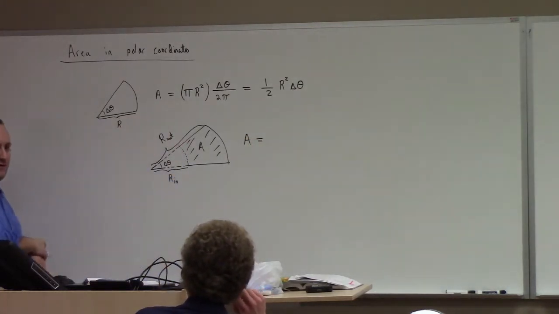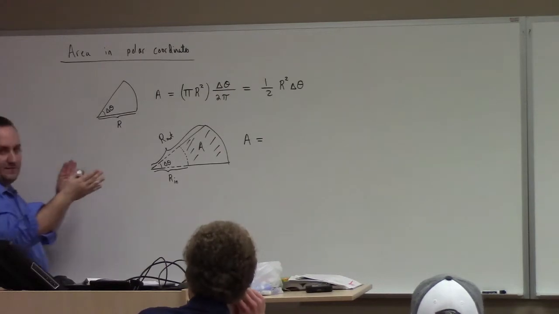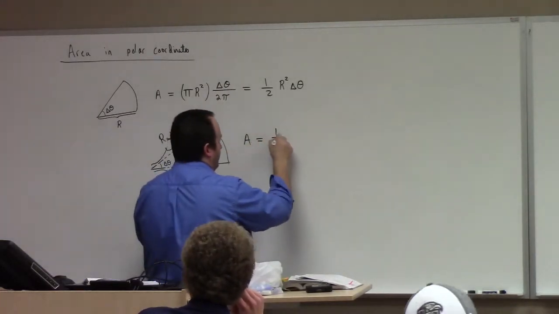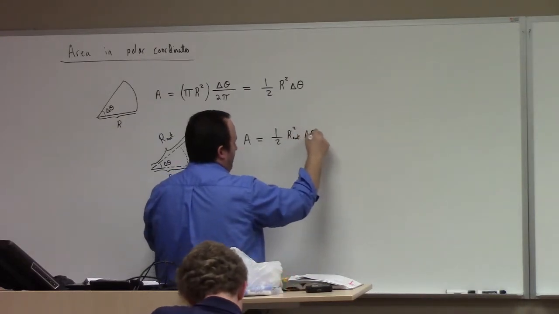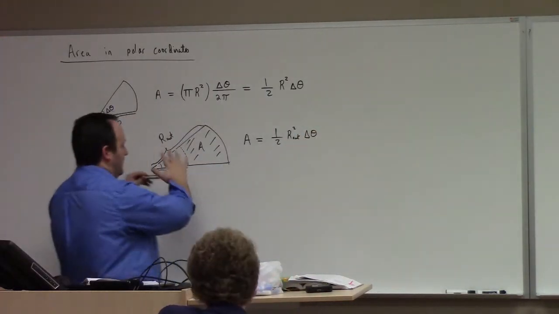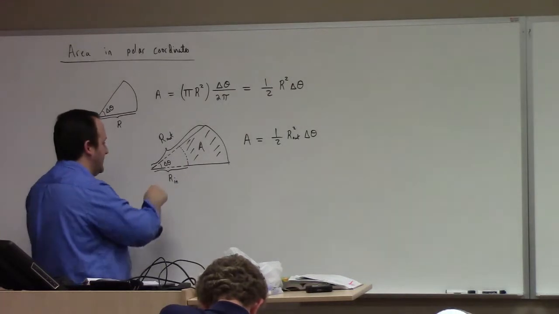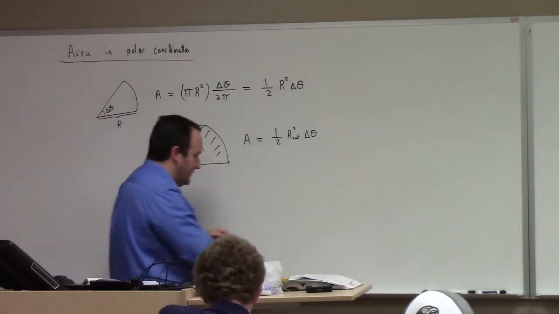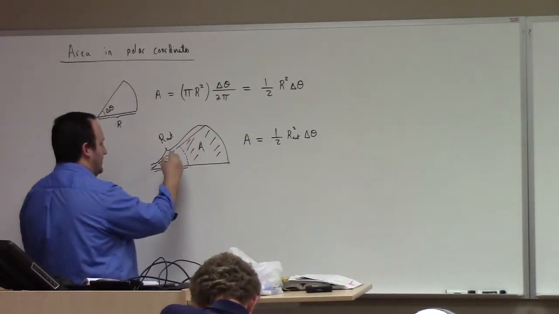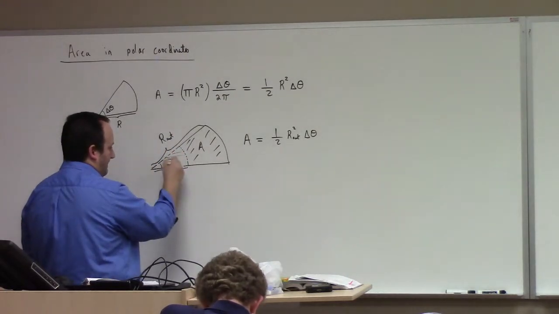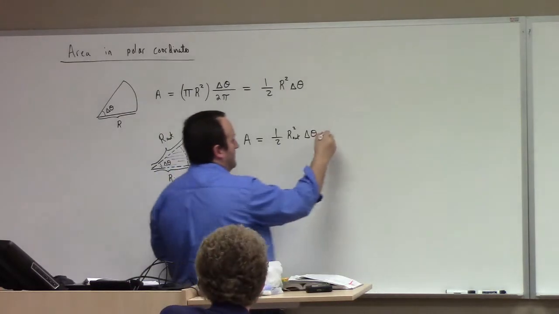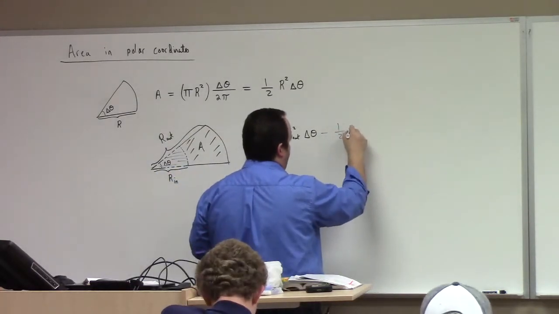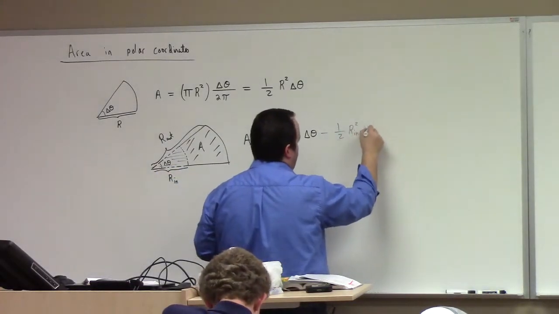Let me submit to you, we can take the area 1/2 r out squared delta theta, and we can subtract from that, because that overcounts. That includes the piece that we're not trying to find the area of. So we just need to remove that piece, so we subtract 1/2 r in squared delta theta.